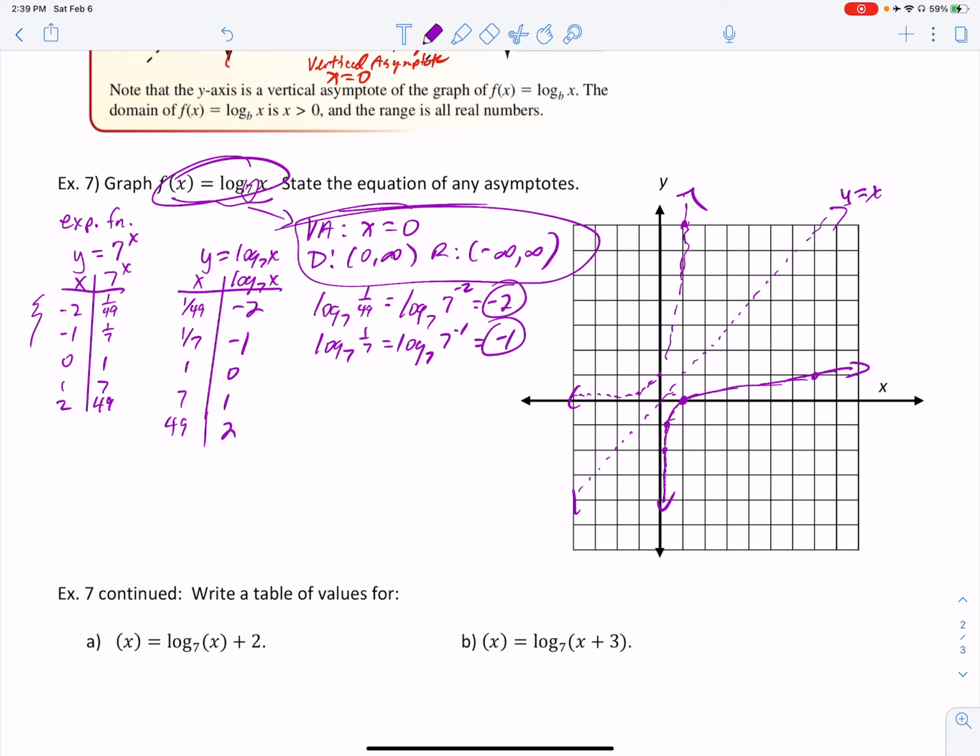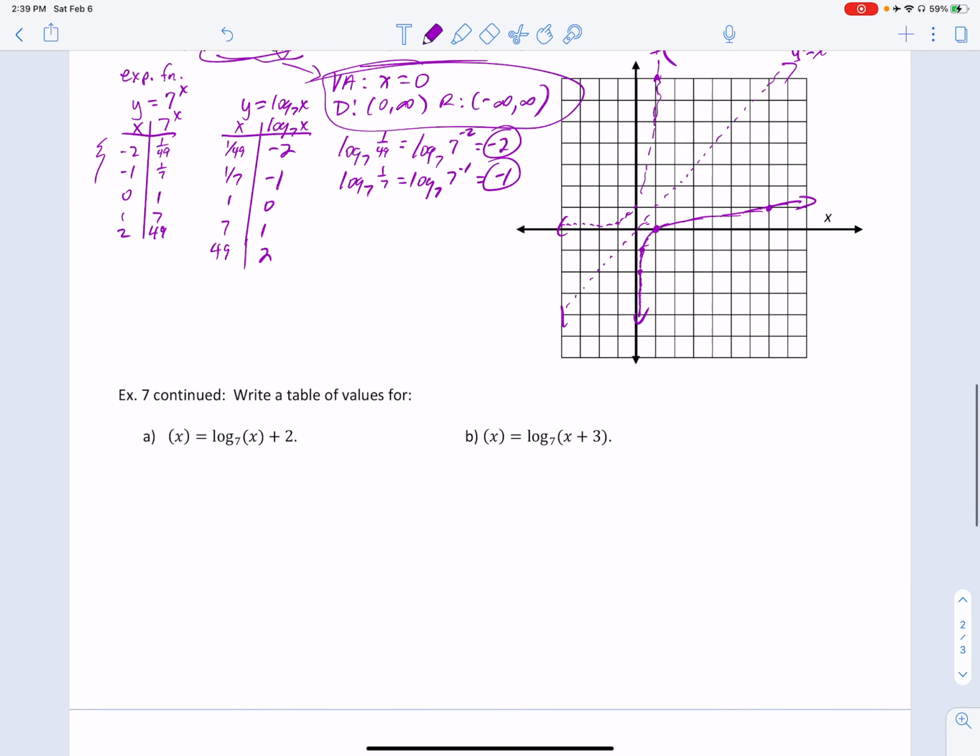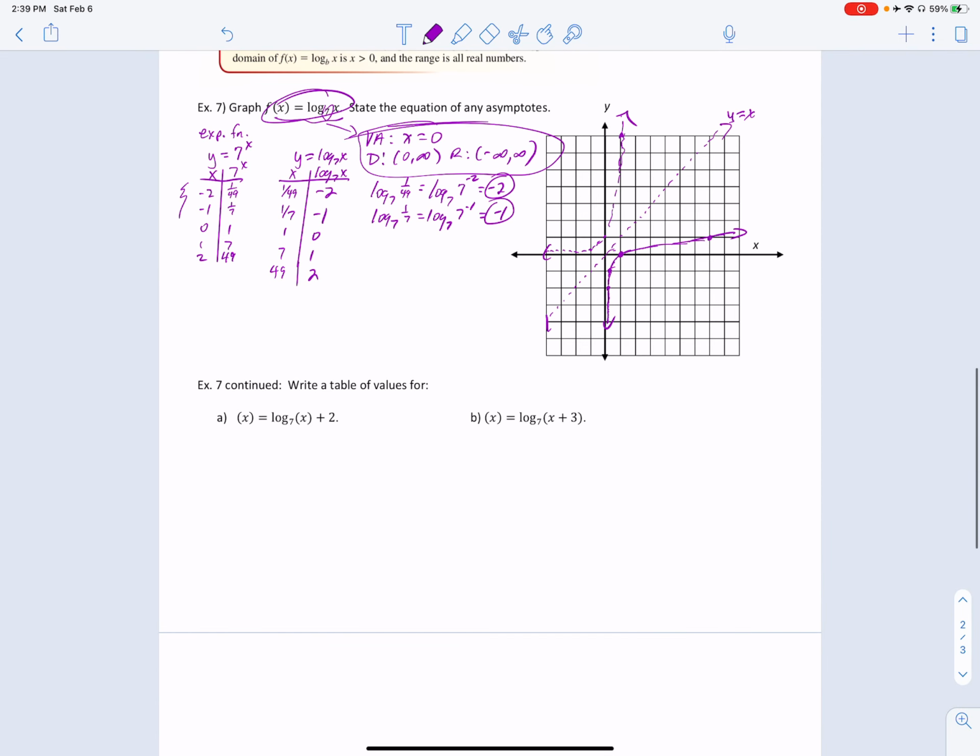Now, a little extension of this, write a table of values for log base 7 of x plus 2. Well, we've already gone through the exponential function and switched it. So we have the parent logarithmic graph for this already. If I didn't, I would start by doing the exponential if it was a different base.